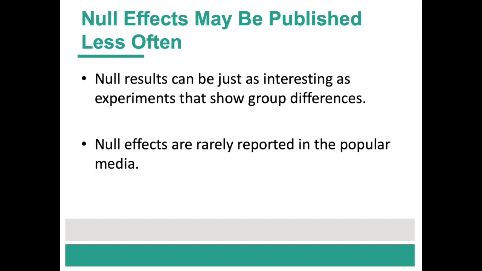They can be just as interesting as experiments that show group differences, but because there's some level of we can't make a conclusive decision, these are less popular. People like them less. So they are still very important, and hopefully science is changing, but right now they're still less common to be reported.